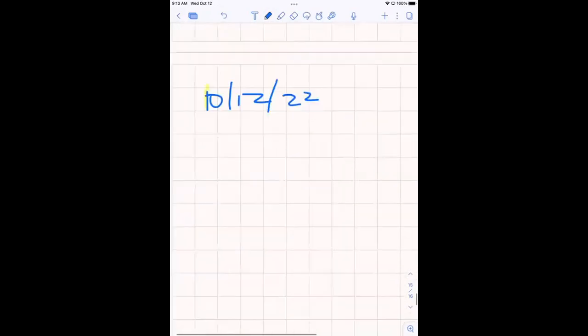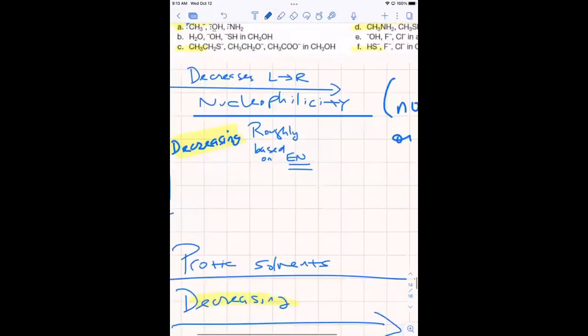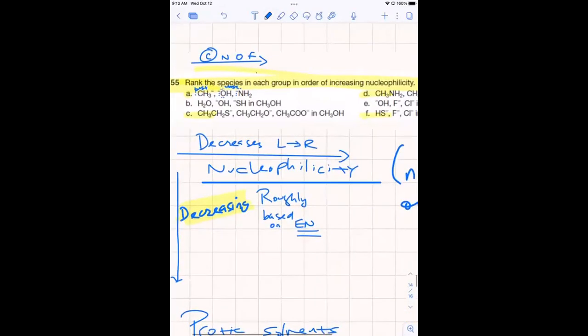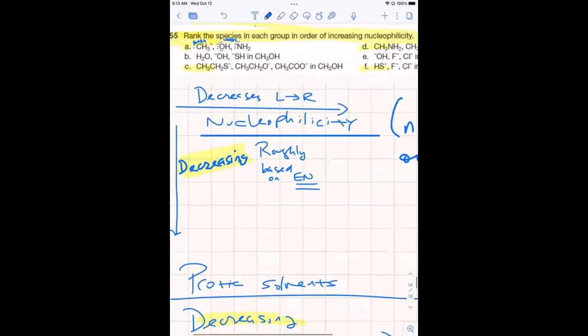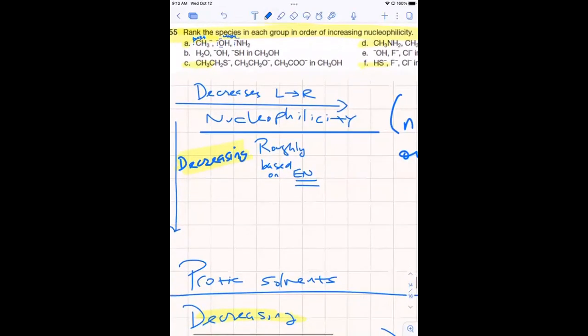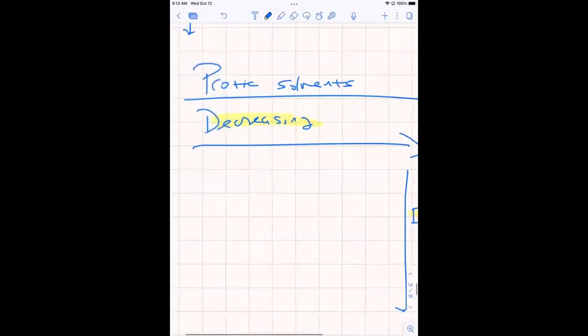Right, so in C, we got 3 nucleophiles. We got water, no, sorry. We have ethyl sulfide, the ethoxide, and the acetate anion. So it's here.